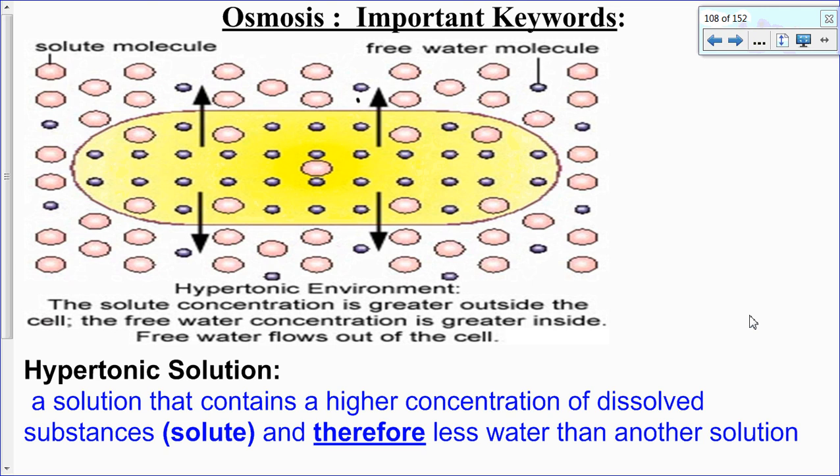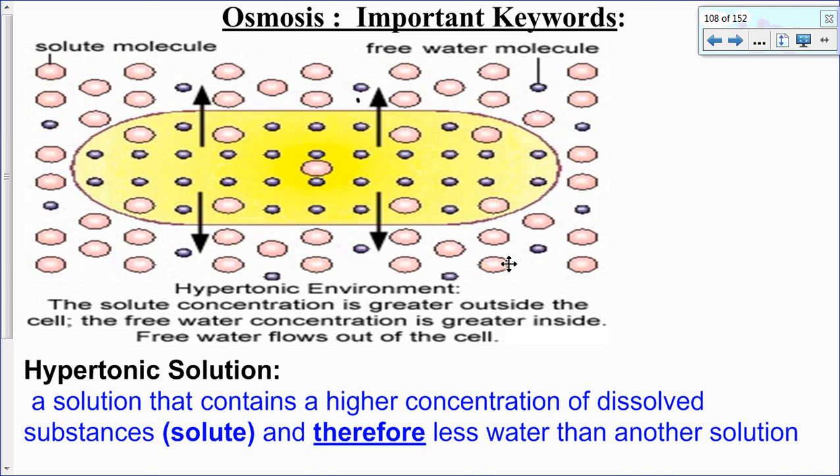So it's an important keyword we have to understand called a hypertonic environment or hypertonic solution, and it just refers to the solute, in this case, on the outside of the cell being at such a high concentration, much higher than inside the cell. And if there's such a high concentration of solute outside the cell, then there's going to be very little water, and that's represented again by those small circles.